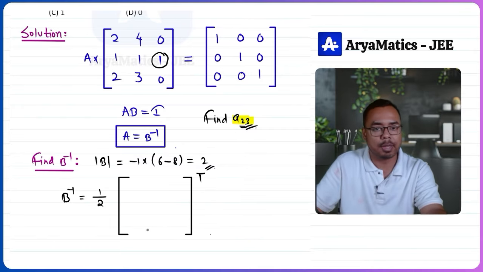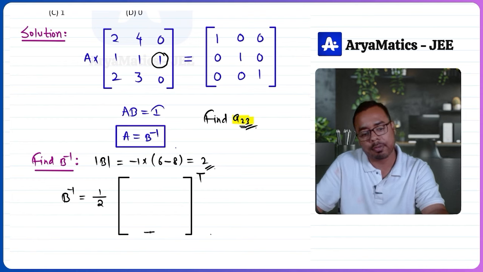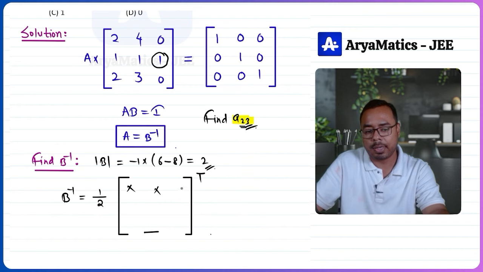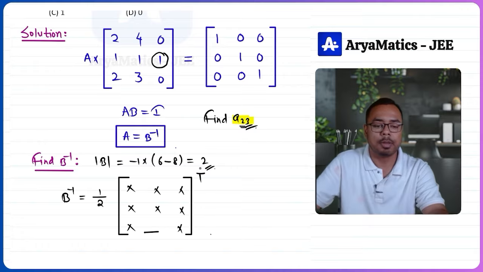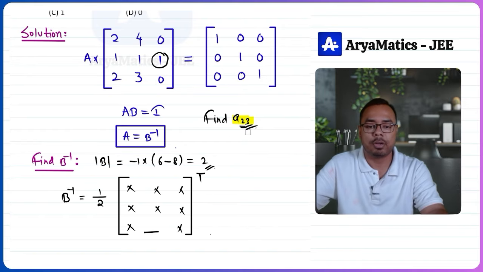So that you will get from the element of third row, second column after taking the transpose of the matrix. So here we'll not write the elements of the first row or the second row. In the third row, we will only find this element, the element of third row, second column, because once we take the transpose, we are going to get the element of second row, third column.